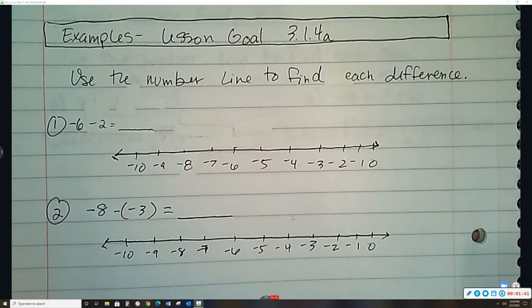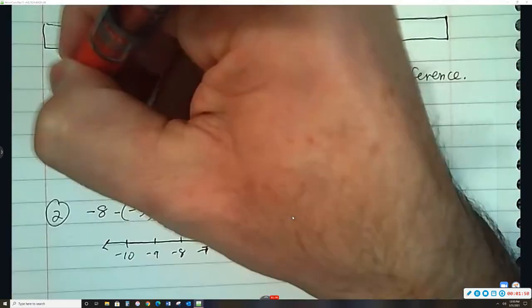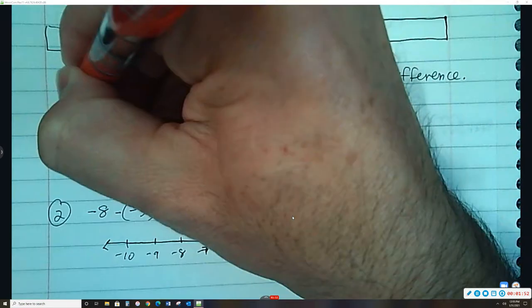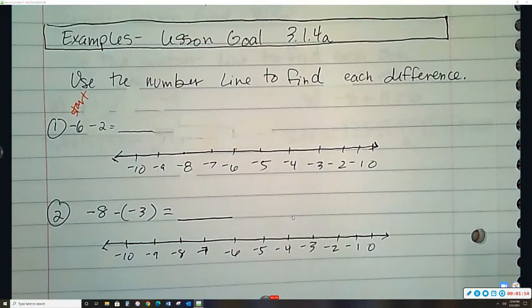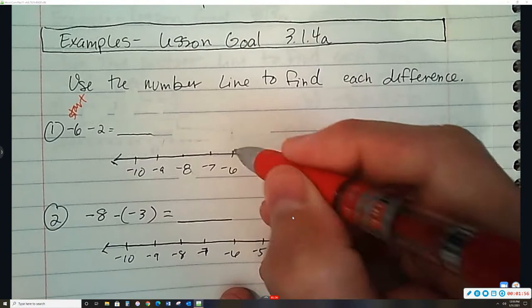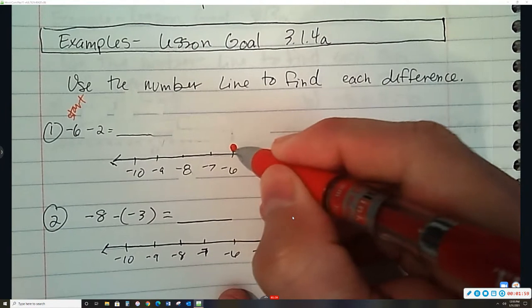So here we have two examples. And it says use the number line to find each difference. Now again, the first number tells us where to begin. We're going to begin at -6, so I'm going to put a dot here.